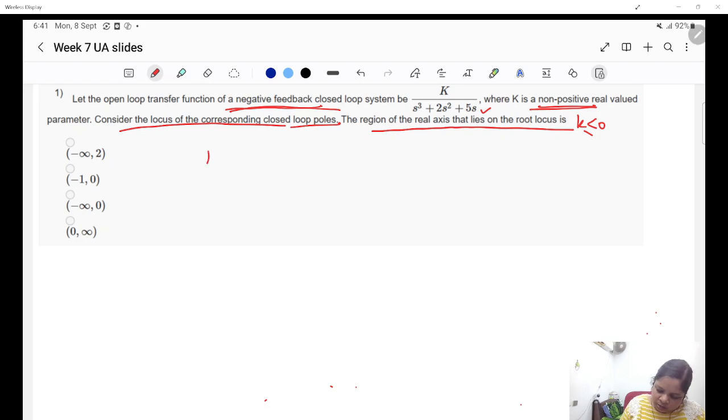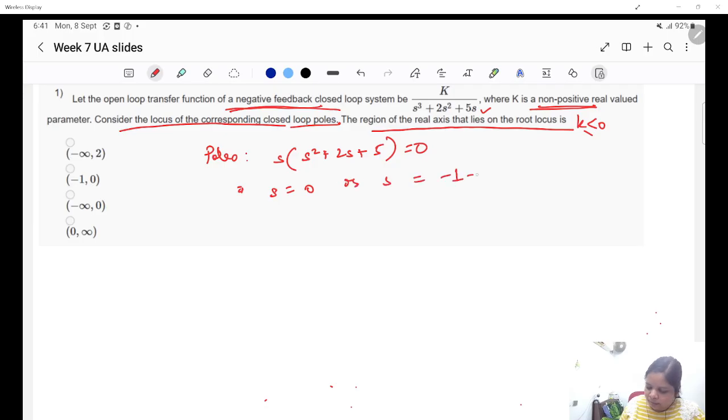For poles, it's going to be s into s square plus 2s plus 5 is equal to 0. From here you get s equal to 0 or s equal to minus 1 plus minus 2j, right? These three are the poles of the system.